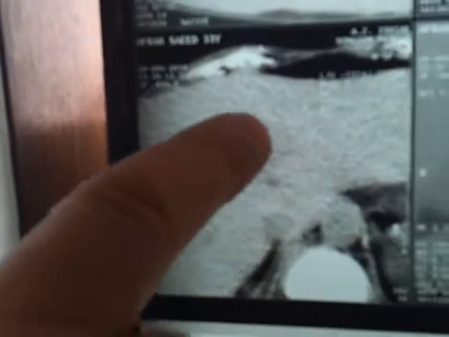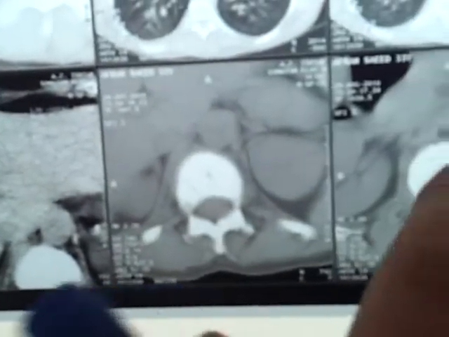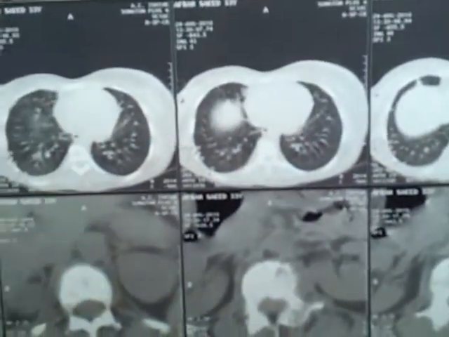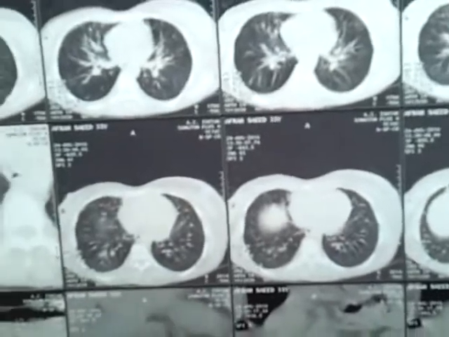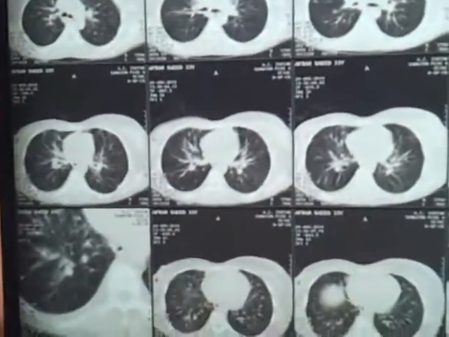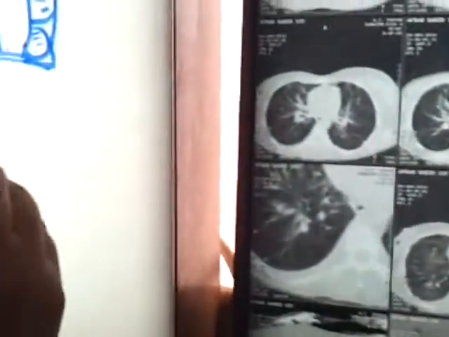This is a deposition of cancer in the liver, deposition of cancer in what? In the bone. Therefore, this unlucky patient got what? Got CA breast, advanced with hematogenous metastasis, and this is the malignancy actually. CA, this is the breast.